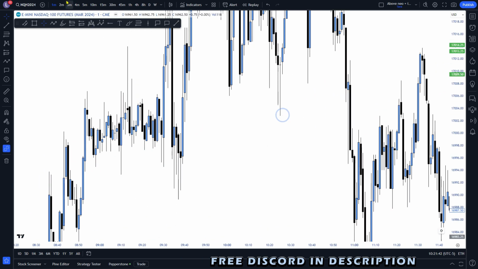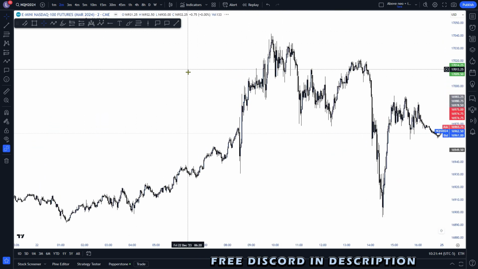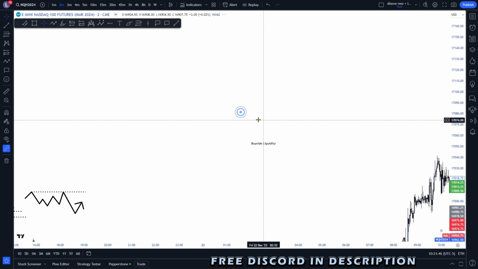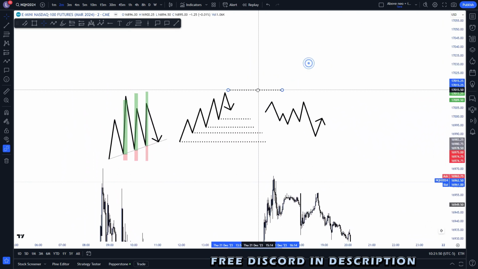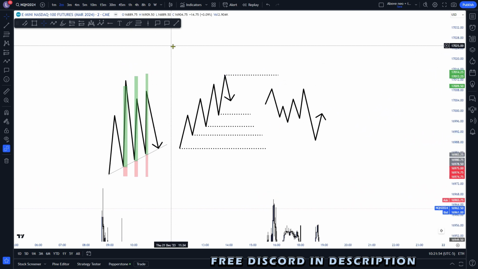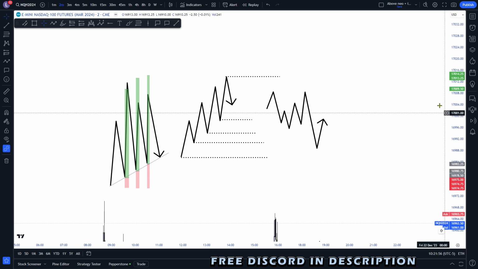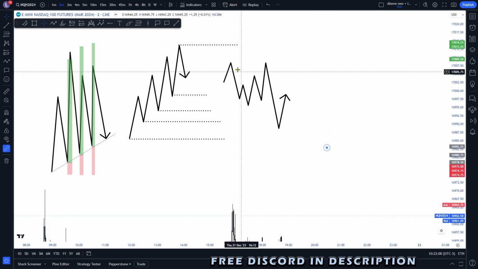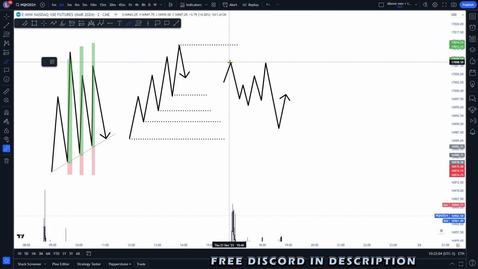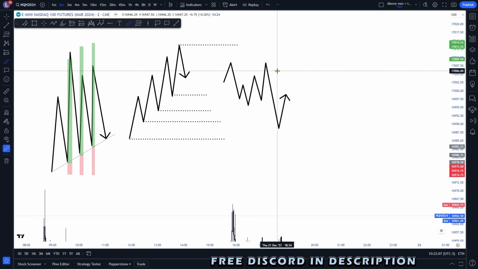Now another question I'm getting asked quite a lot is, what time frame do you want to look at to find this liquidity? The higher the time frame you're on, the more relevant the liquidity is. So if we're looking at the 5-minute chart and we have equal highs on the 5-minute chart, they are a lot stronger than if we have equal highs or equal lows on the 1-minute chart.